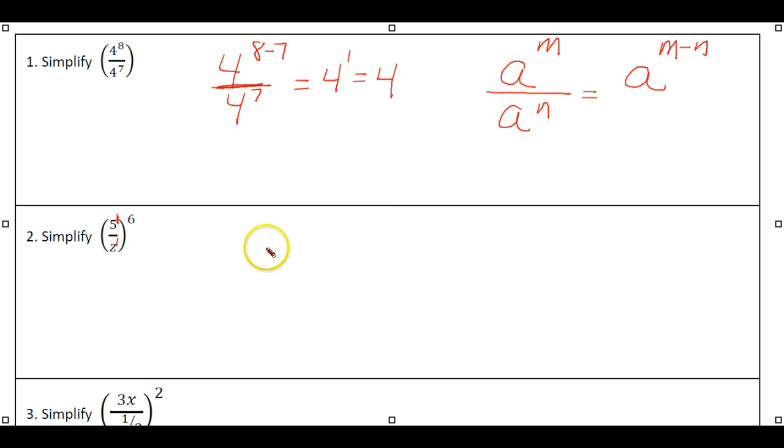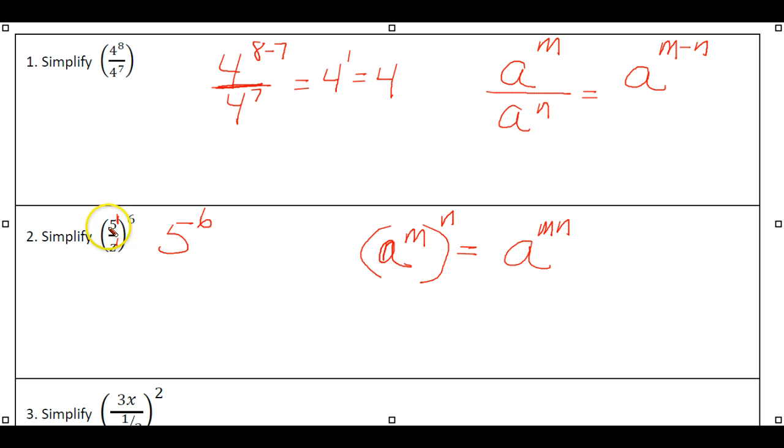So when we're raising a base to a power, it would be, let's say, a to the m, raised to the nth power. We're going to multiply these exponents, and it becomes a to the mn. Notice the difference. And here it'll be 5 to the 6th power.